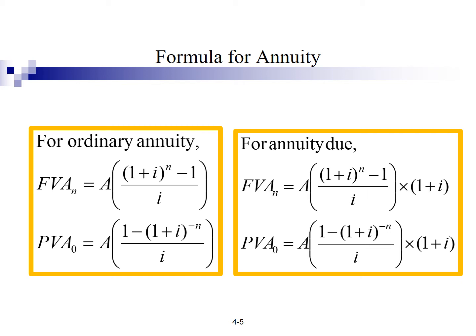The future value and present value are multiplied by 1 plus i. This is because cash flows of annuity due occur at the beginning of the year. Therefore, the future value or present value of annuity due is always larger than that of ordinary annuity.